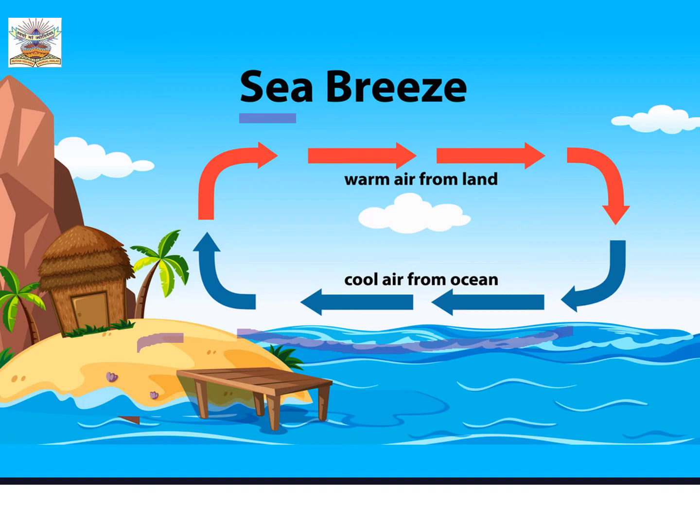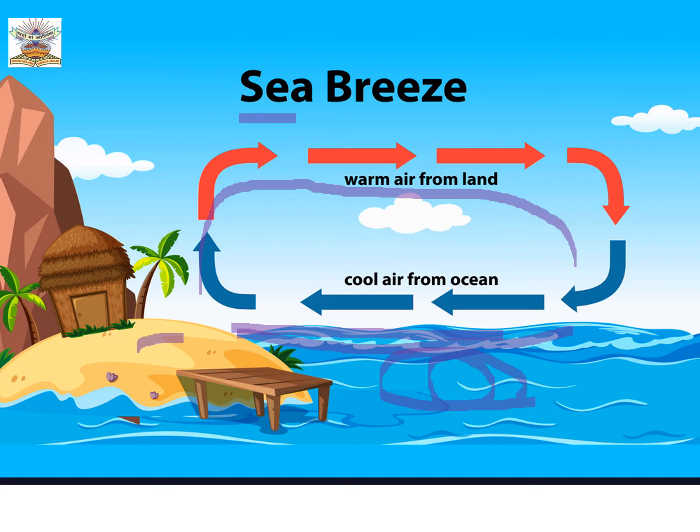The land gets heated quickly and it cools quickly. So when it is hot over here, children, the pressure is low and the pressure over the water is high. So the air moves from here and comes to the land. The land gets heated, so the warm air moves up from the land and the pressure on the land decreases.